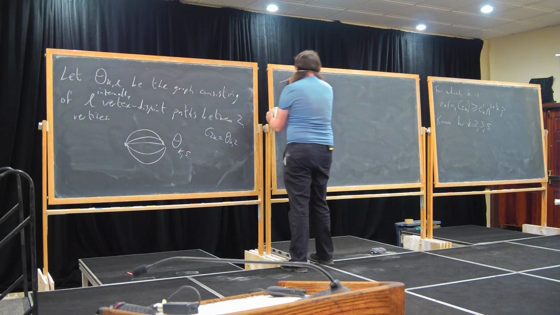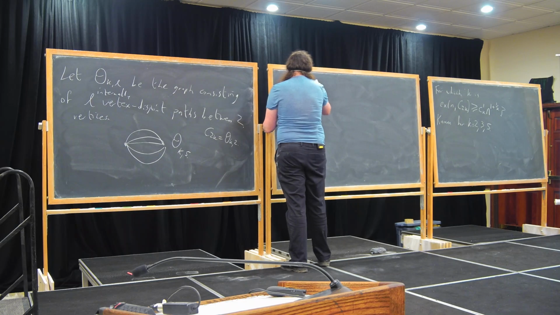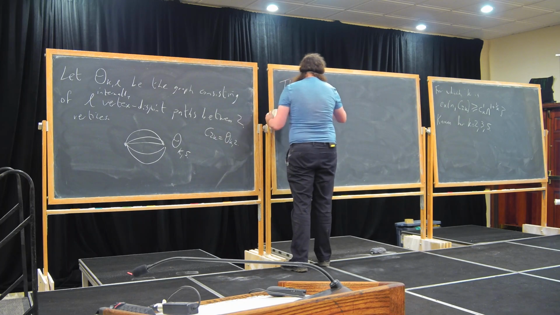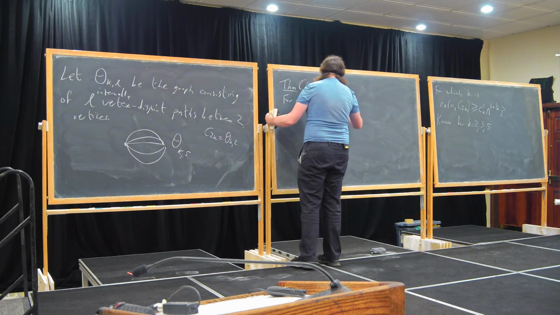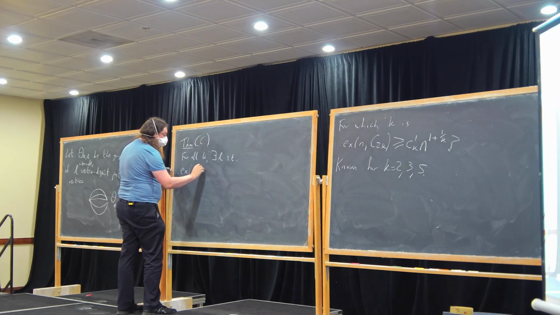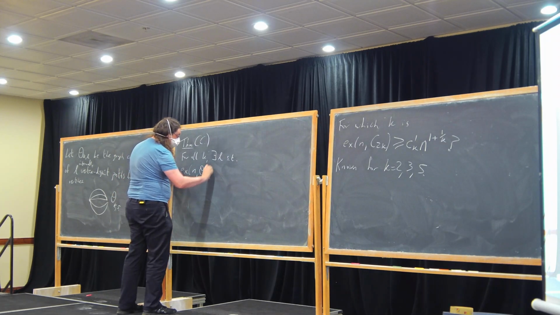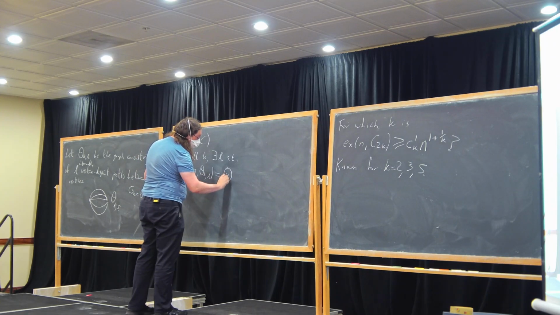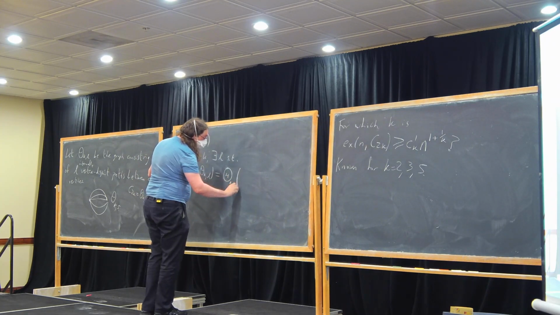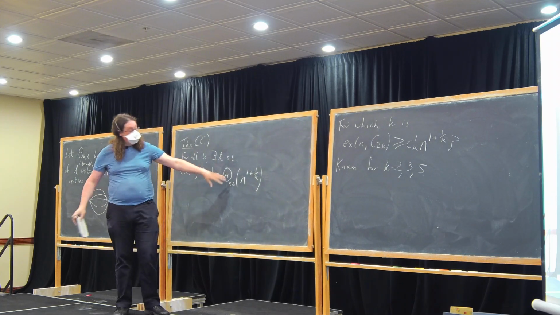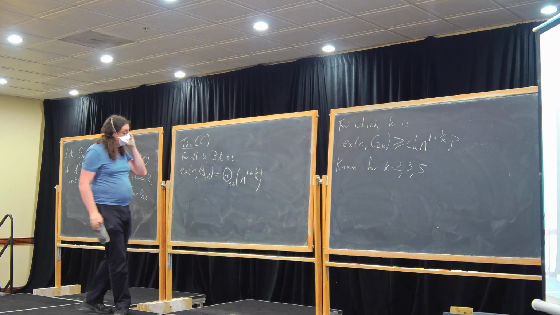So this is a theorem by myself, saying that for every k, there exists l such that the extremal number of n, theta k l, is equal up to some constants, some theta depending on k and l, of n to the 1 plus 1 over k.